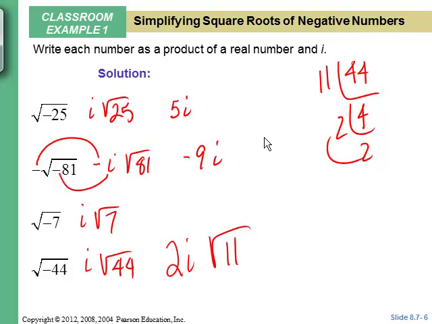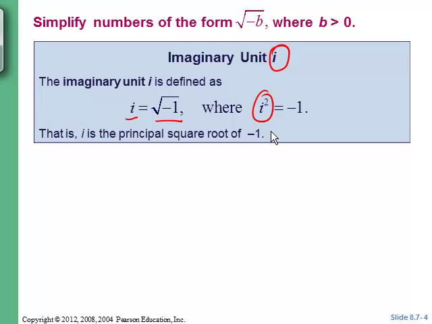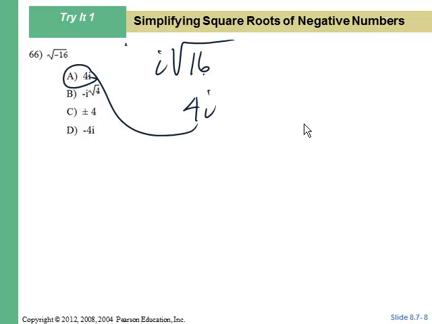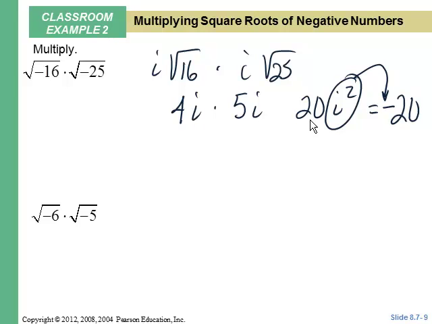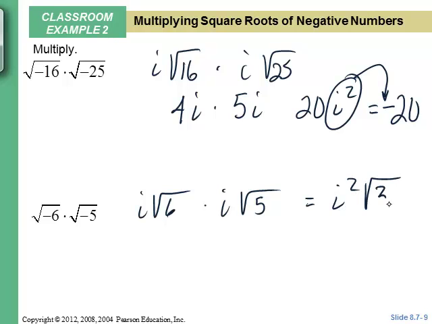Just in case you forgot that, let's go back and look at it. i squared is negative 1. Okay, so this one would be i root 6 times i root 5, which is i squared root 30, or negative root 30. i squared is negative 1.